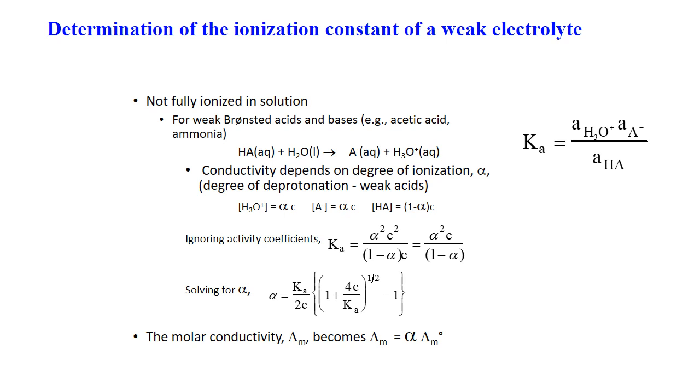In this formula we can also find directly alpha is equal to K by 2C into the bracket 1 plus 4C by K to the power 1 by 2 minus 1. This is just a derivation for competitive exams. If you want to find it directly you can use this and go for approximation, but otherwise simply remember Ka equals C alpha square divided by 1 minus alpha. When you get alpha, you just multiply with C and do the calculation.